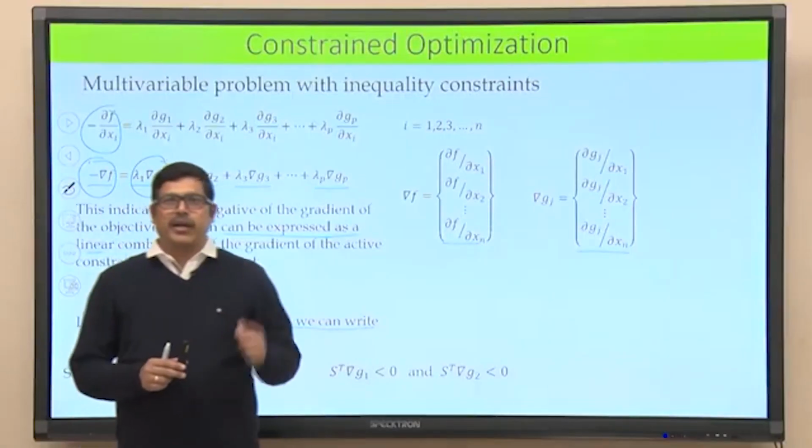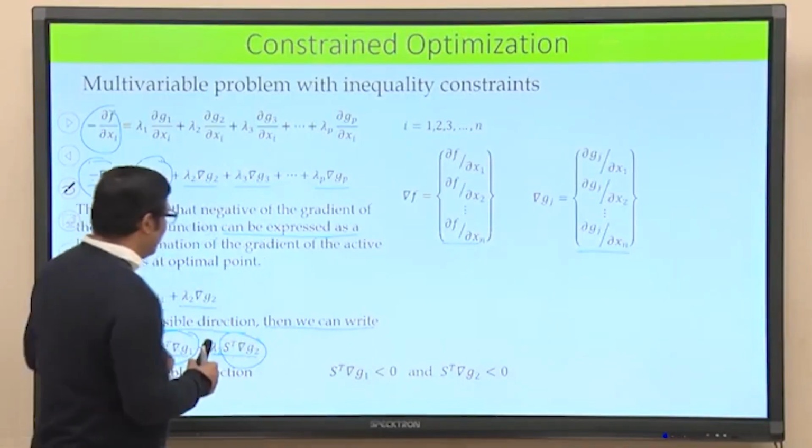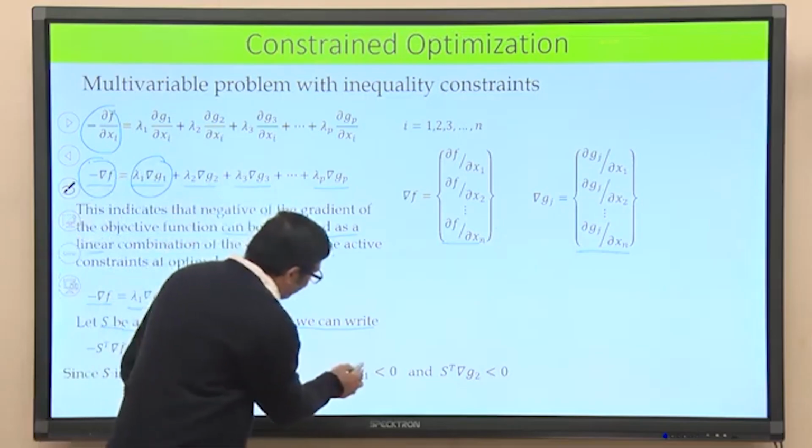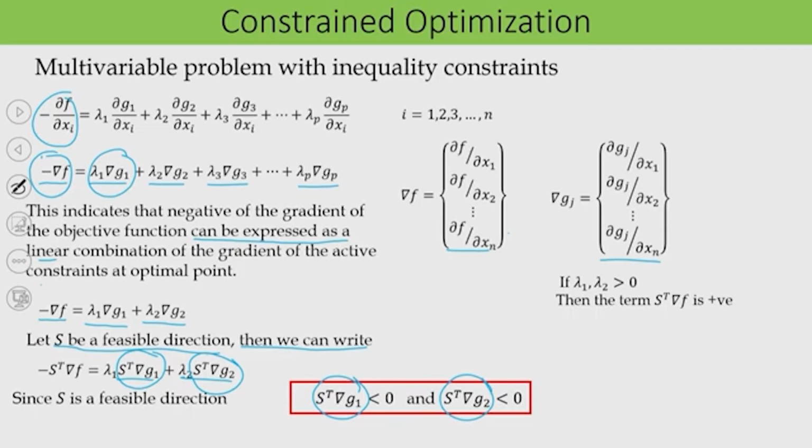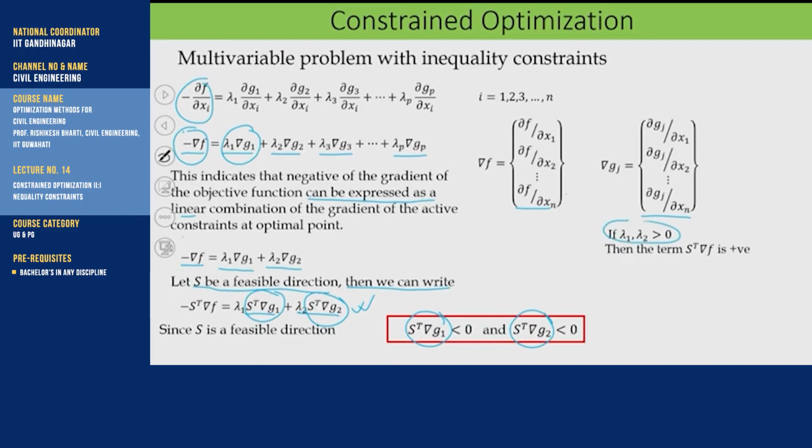Since S is a feasible direction, therefore S transpose del g 1 is less than 0 and S transpose del g 2 is less than 0. Now, if we look at this particular equation, if lambda 1 and lambda 2 both are positive, greater than 0, then what will happen?